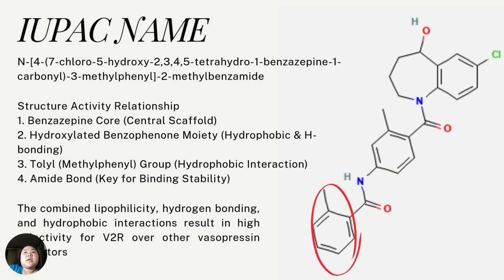Next, we have the toluene methylphenyl group, which is important for hydrophobic interaction. The p-tolyl, or para-methylphenyl group, enhances lipophilicity, which improves membrane permeability. It also stabilizes binding via hydrophobic interactions with the receptor pocket.